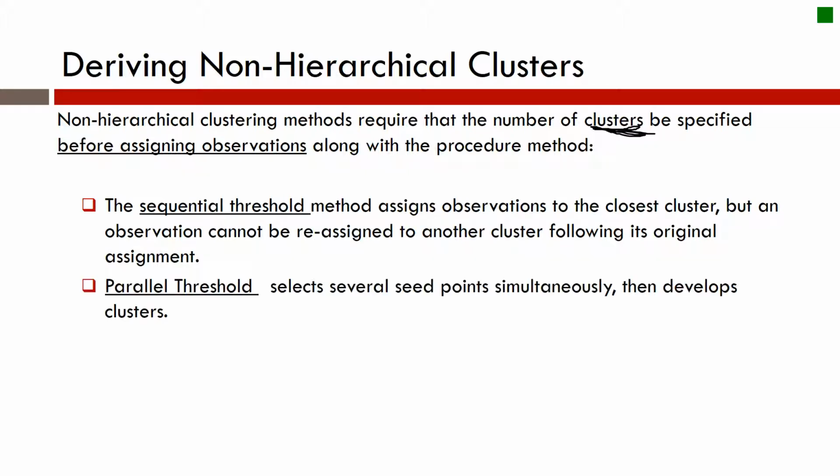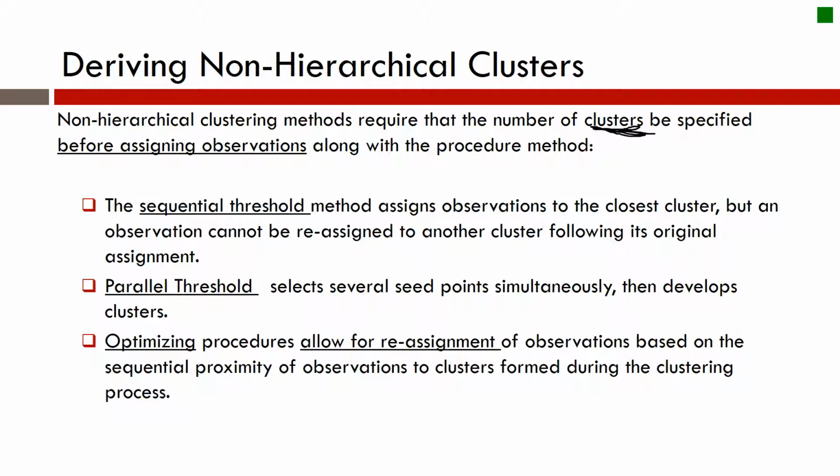They can't be moved around. Another is a parallel threshold, where we have several seed points starting simultaneously, so several clusters are developed at once. And then there is an optimizing procedure, which does allow for observation reassignment after a number of iterations. So again, that is non-hierarchical clustering.